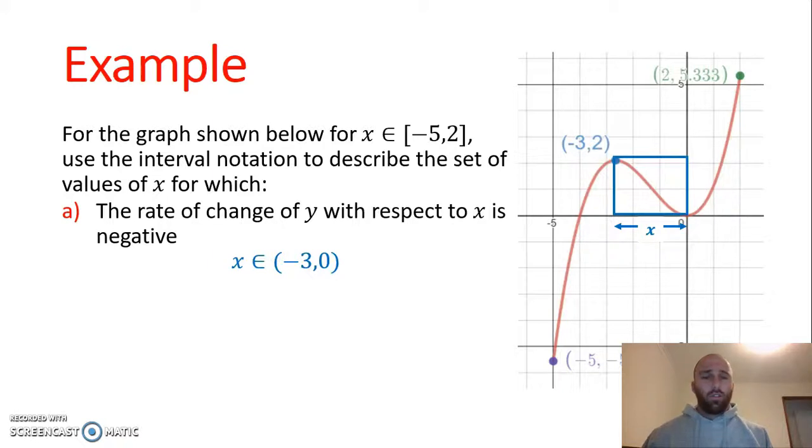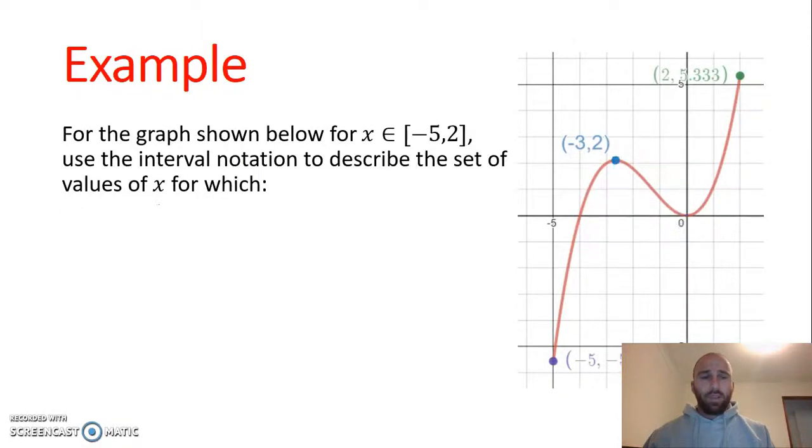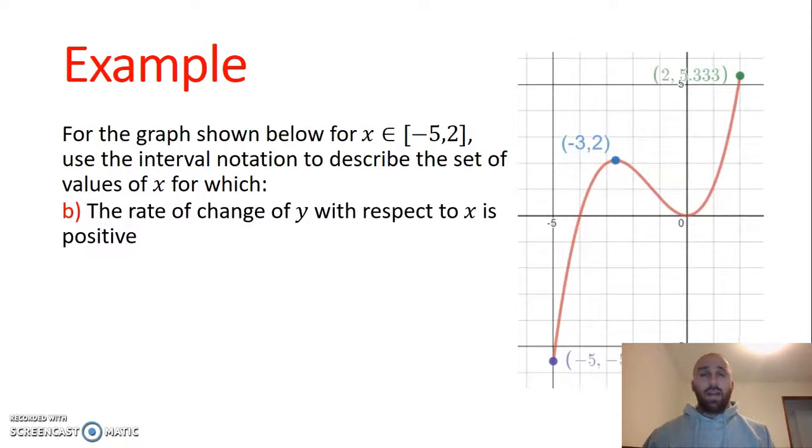What we can draw is a flat tangent, just a flat line on the very top. So we don't include those values because the rate of change will be 0. It's neither positive nor negative. So that's just what I've typed there. Okay, so we are not including -3 and 0 as a gradient of 0 is neither positive nor negative. So they're separate.